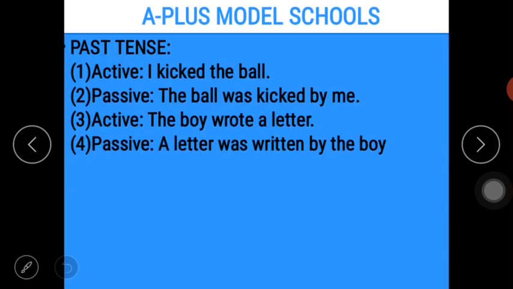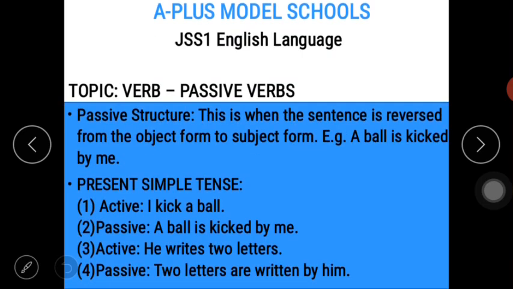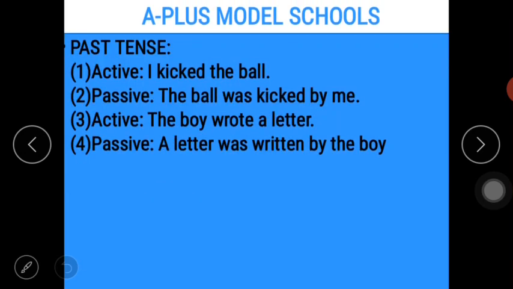Okay, now the past tense. The first one we considered was the present tense, which is in form of the present verb tense. Now this is the past verb tense, so it's not confusing. I kicked the ball.